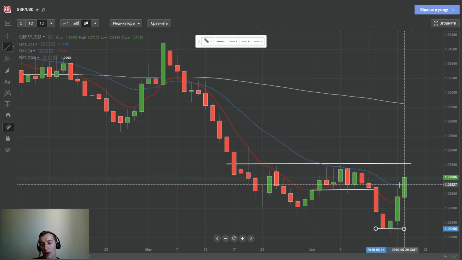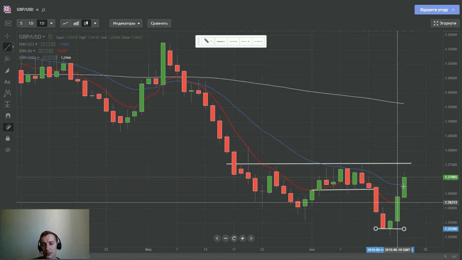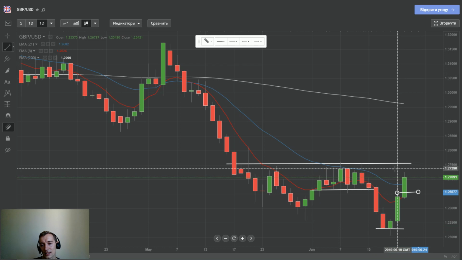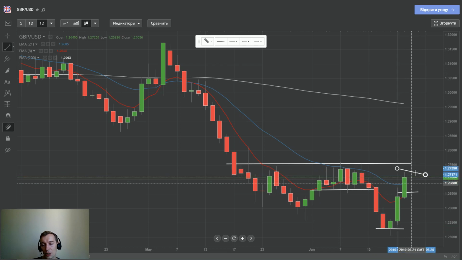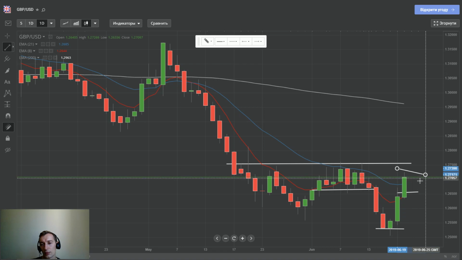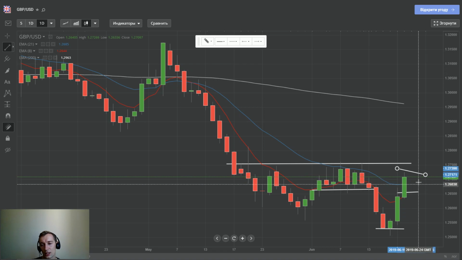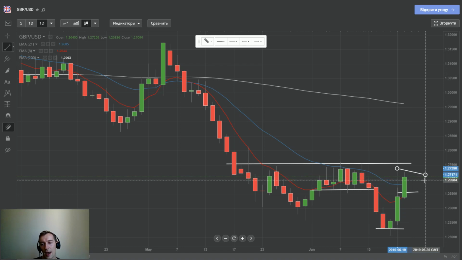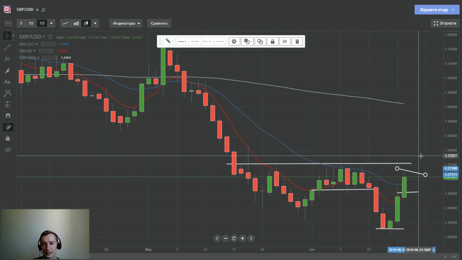But what I want to see with this strong reversal is some commitment from buyers and maybe some kind of consolidation in front of this resistance level. Then probably I will initiate a small position in this consolidation and will add if we break out of this resistance level and close above. Okay, so this is my plan.